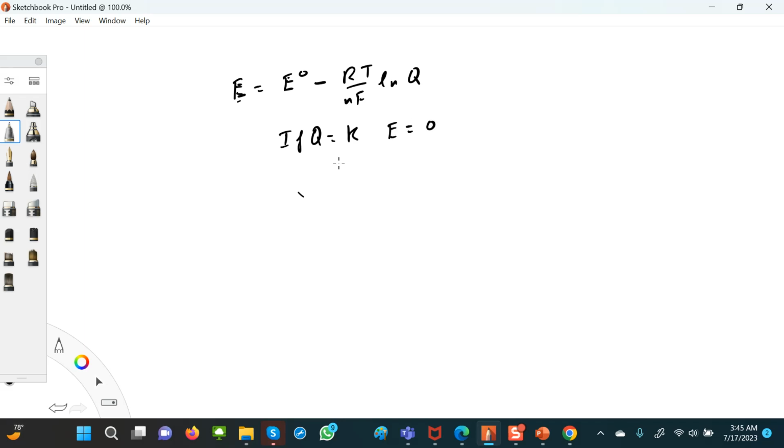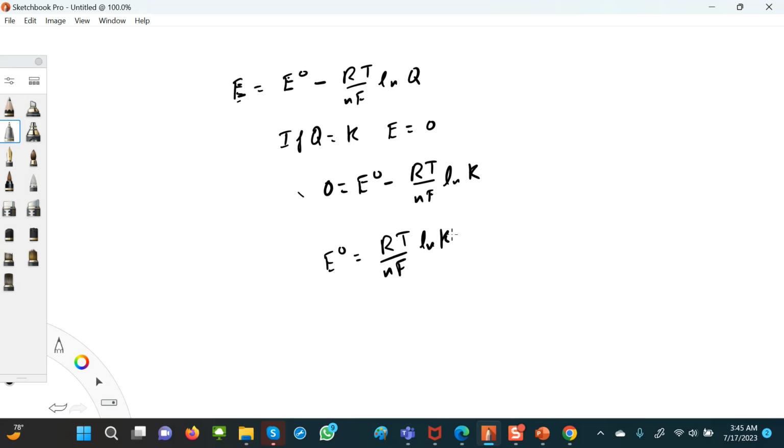So if E is equal to 0, that means that 0 is equal to E0 minus RT over NF ln K. And therefore E0 would be equal to RT over NF ln K.